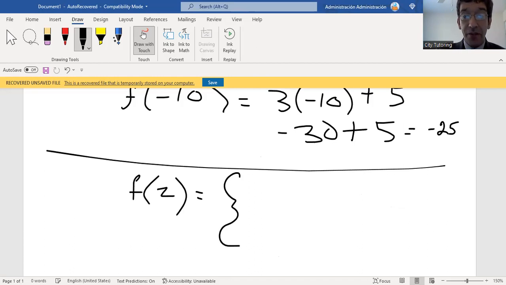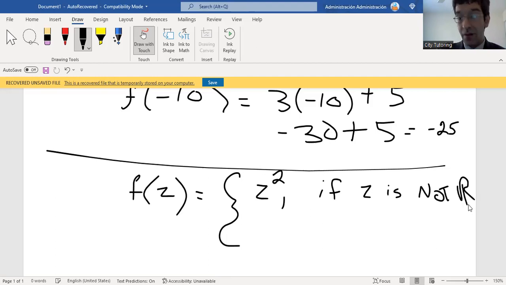We're going to say f of z is z squared if z is not real. Notice I'm using the R for the set notation for real numbers.